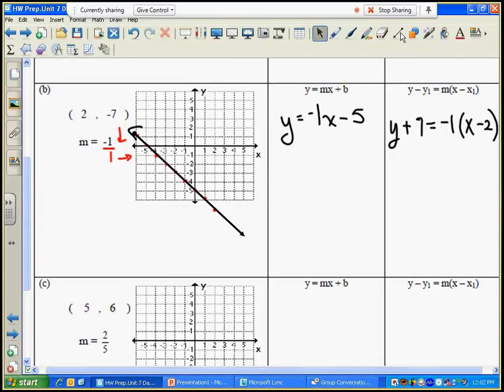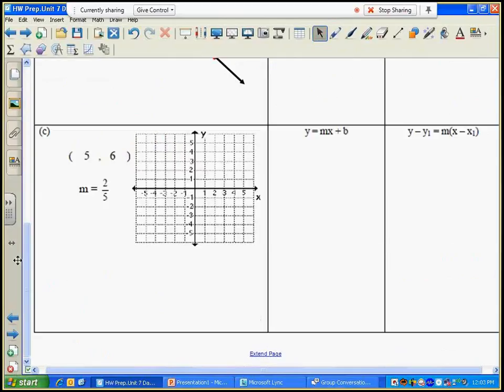Okay. Last example. Go for it. Okay, so from here I'm going to go up 2, right 5, or I could do that pattern backwards and go down 2, left 5.